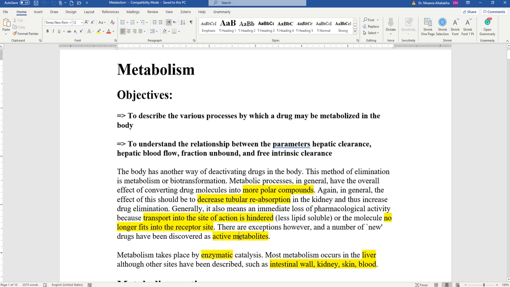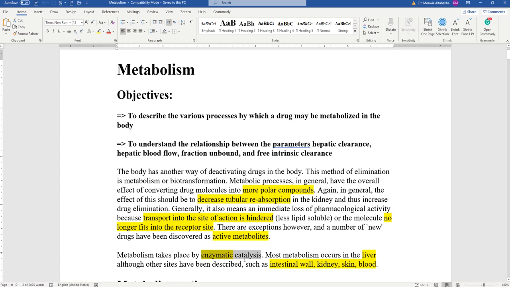What carries out the metabolism? It happens through enzymatic catalysis. The enzymes in our body will catalyze and carry out the reaction in an environment where this can be enhanced.